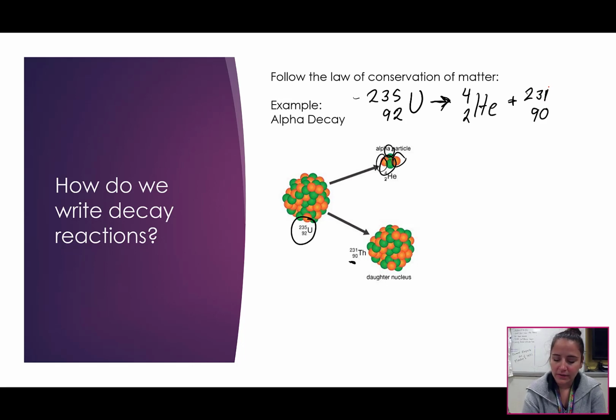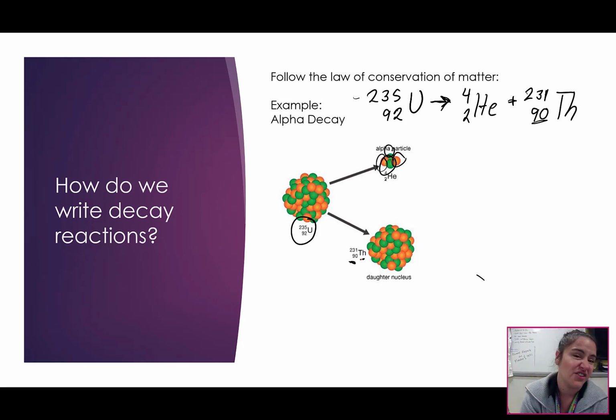Now, to figure out what symbol goes there, we go by the atomic number, the identity of the element. We look on our periodic table and find number 90, and it is thorium. So thorium goes there.